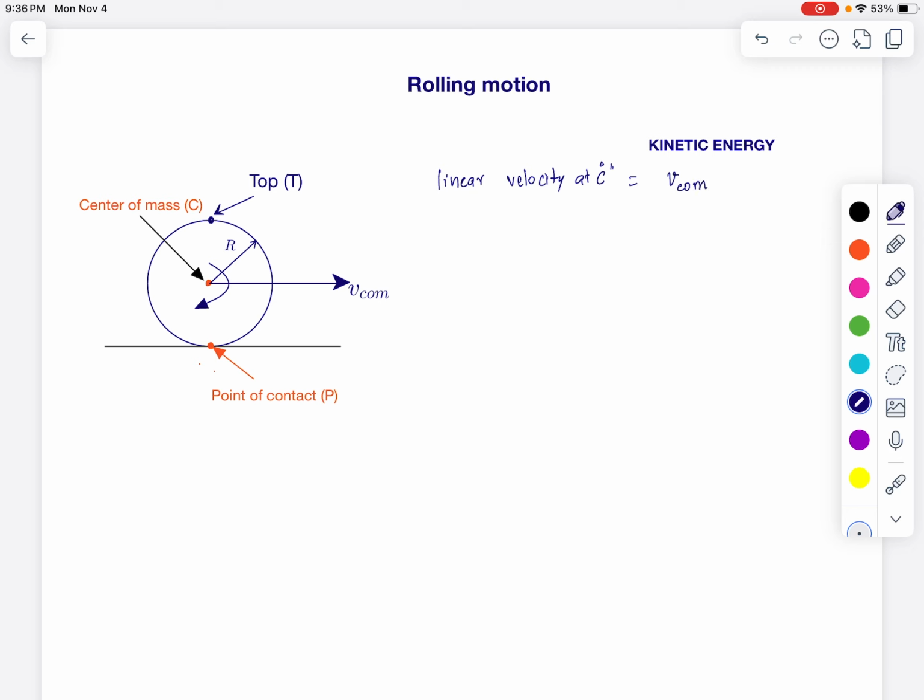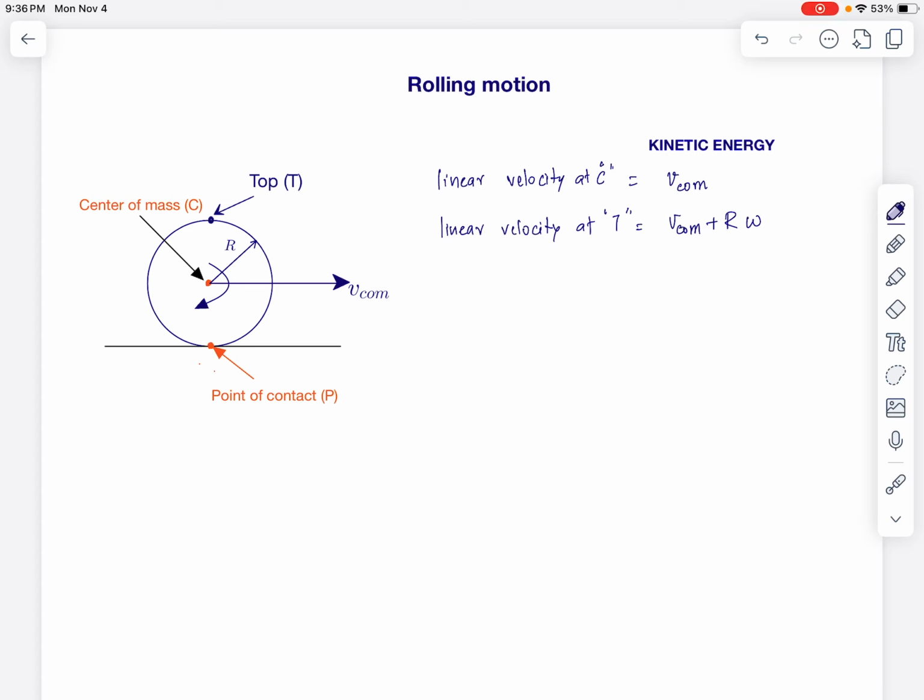Now, if you look at the very top, the linear velocity at T equals V center of mass plus the velocity imparted by rotational motion, that is r times omega. And here we will use a capital R because that's what we have in the diagram.